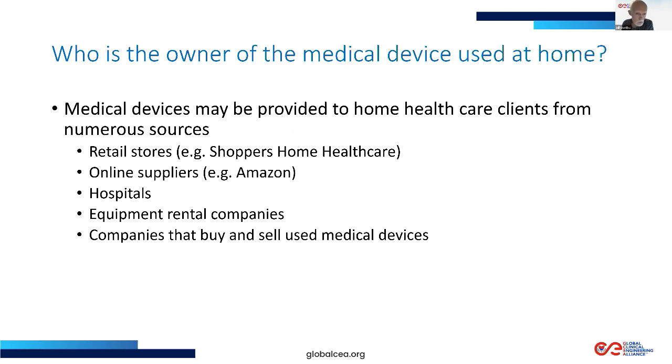You can buy from Amazon a variety of different pulse oximeters of varying quality. Sometimes the hospitals provide the equipment. The gold standard in that area would be home dialysis. I'll talk a bit more about that in a couple of slides.